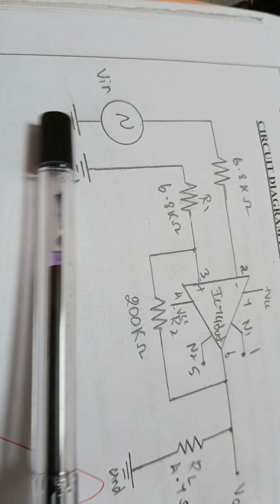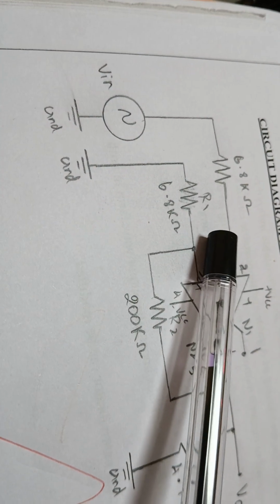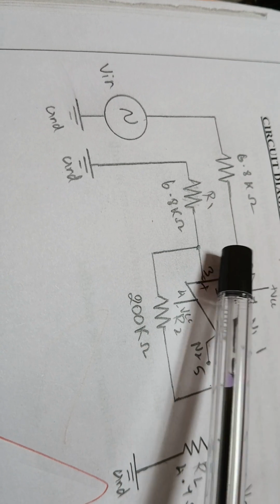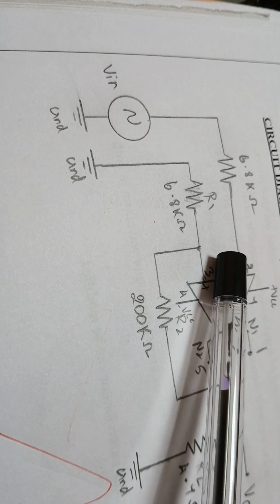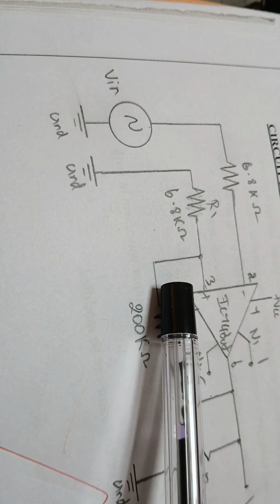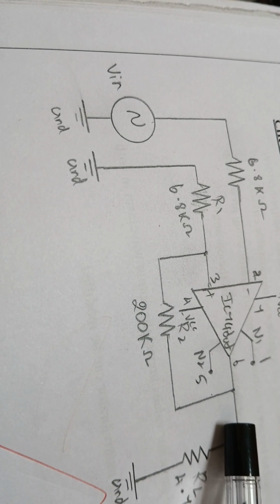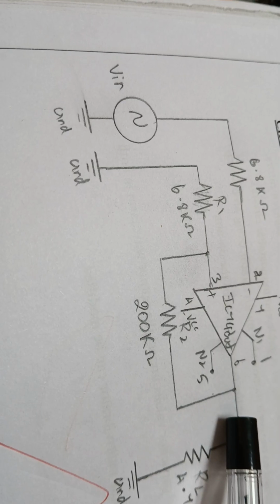When we give the input sine wave, the comparator compares both inputs. When the input at the inverting terminal is higher than at the non-inverting terminal, a negative going pulse, that is minus Vsat, is generated.